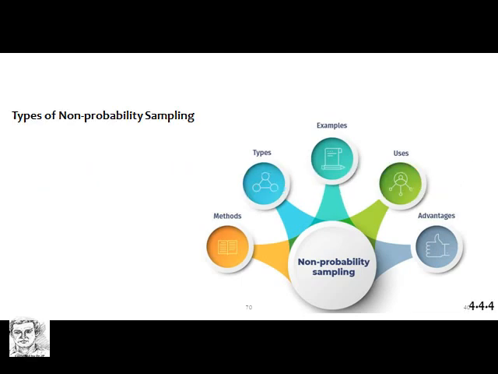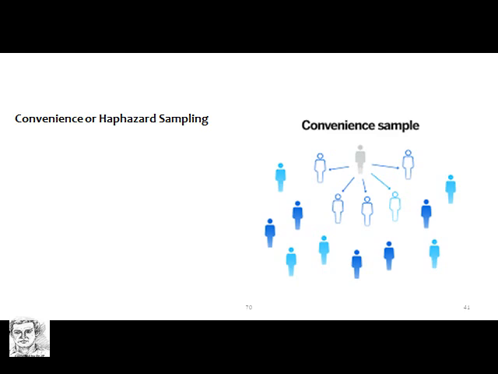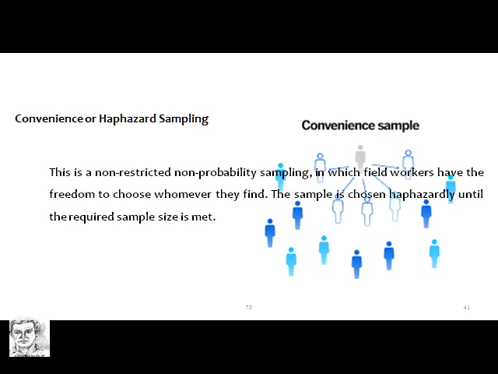Types of non-probability sampling. Below are the types of non-probability sampling. Convenience or haphazard sampling. This is a non-restricted non-probability sampling, in which field workers have the freedom to choose whomever they find. The sample is chosen haphazardly until the required sample size is met.